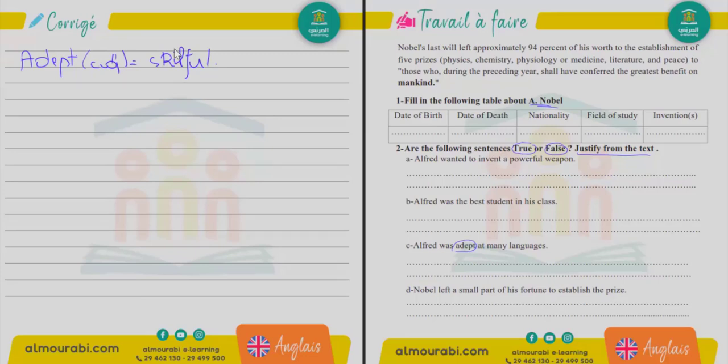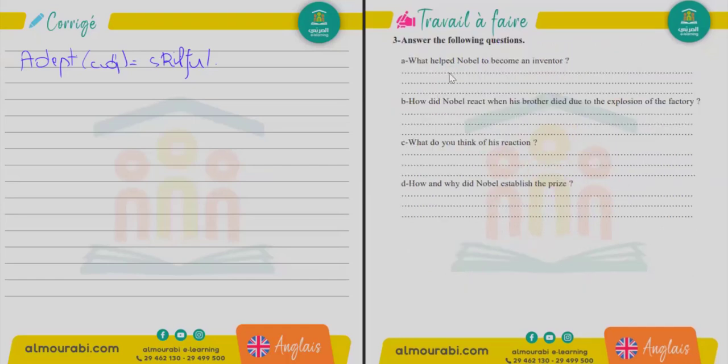The last statement. Nobel left a small part of his fortune to establish the prize. All right, good. We'll see if it's a small part or a great part of his fortune. Okay, we'll see later. So, moving on to the next question. What helped Nobel to become an inventor?